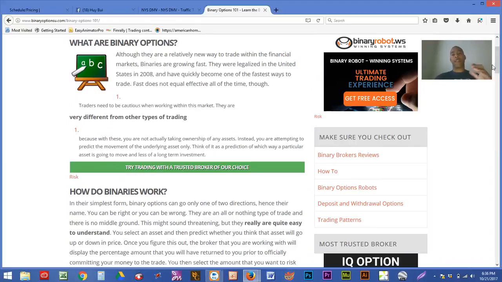And basically, if you get in at this level and you think the market is going to go up, and the market finishes at the time period that you specify, even a tenth of a fraction of a pip above where you got in, you're going to win this set amount.